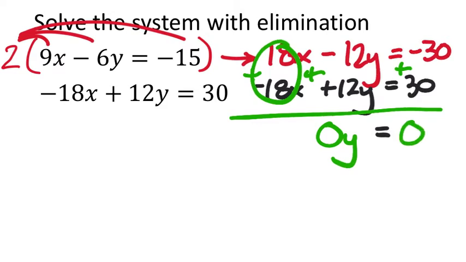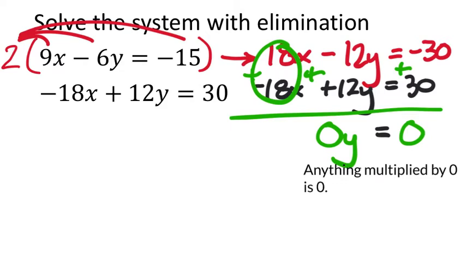Now let's stop here, okay? Because we don't actually have to do any more. What I find from this is that I got 0y equals 0. As it turns out, and I would ask you really to think about this, is there something you can multiply by 0 to get 0? Now this may take some thought. It may take you some time to remember some of those old rules. But anything multiplied by 0 is 0.